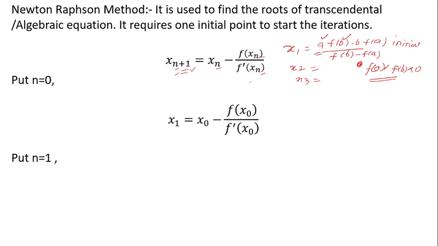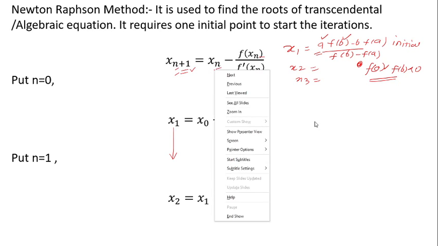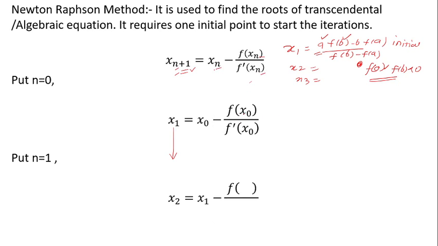Now put n equal to 1 here, so 1 plus 1, so we'll get x2 here. So x2 is equal to x1 minus f of x1 divided by derivative of this, that is f dash of x1, and the procedure continues.